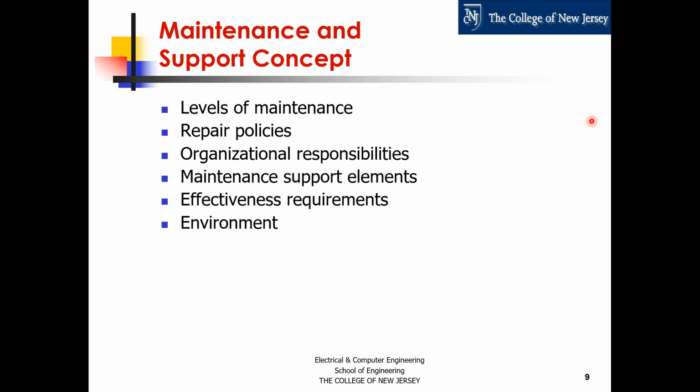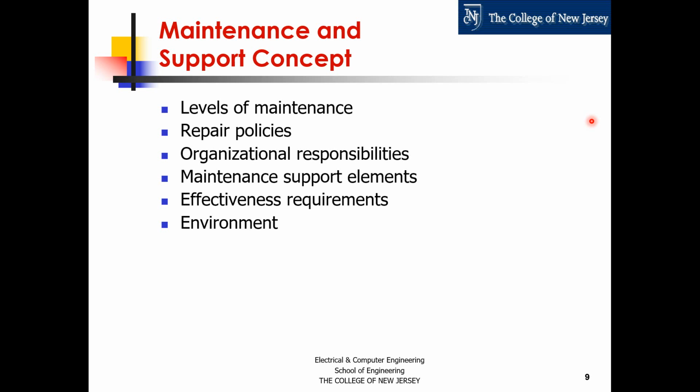We need to articulate and specify repair policies, which means what type of repair do you do, at what level, and by whom. So that will tell you about the organizational responsibilities.